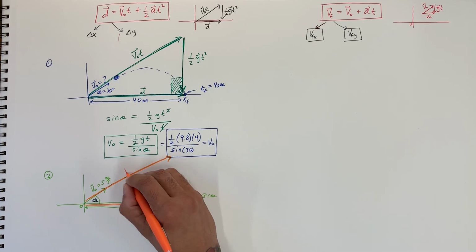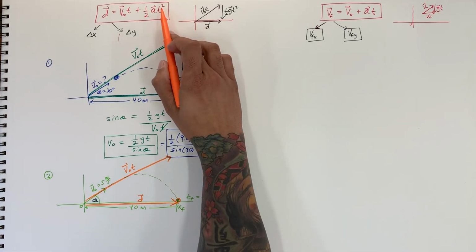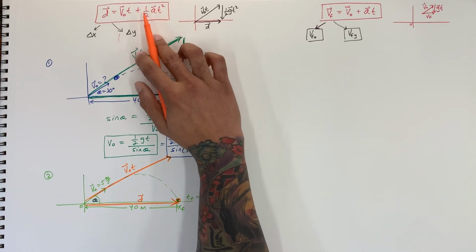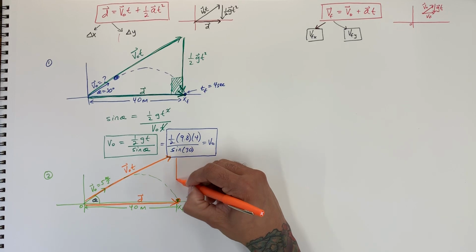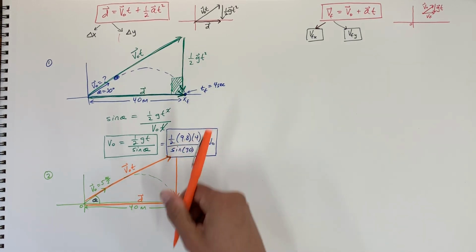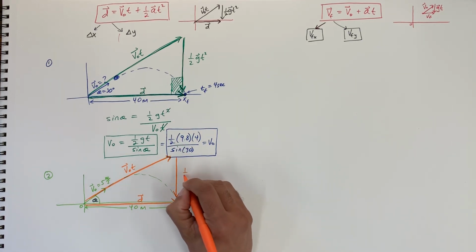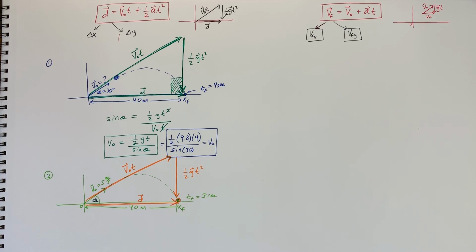And that's V initial times time. And our last vector is going to be our gravity vector, which goes down. Okay, always goes down. This vector is always vertically downward. 1/2 gt squared.